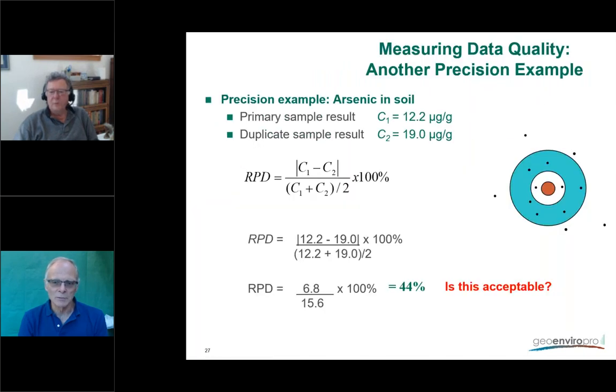Why do we have more variability than we would expect, or what's typically accepted? The first thing you should do is check all the numbers in the tables, or check what the lab sent you, so there hasn't been any mistakes in transferring data. The second thing you do, and this is important, is to inspect the sample.